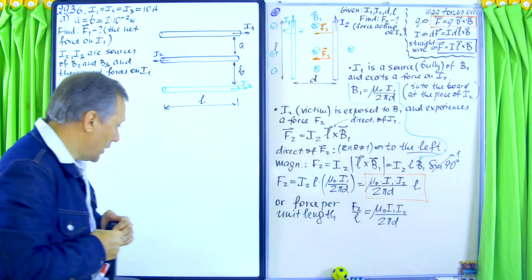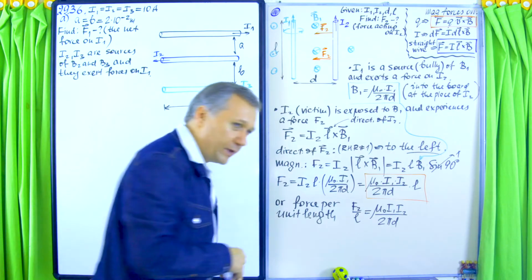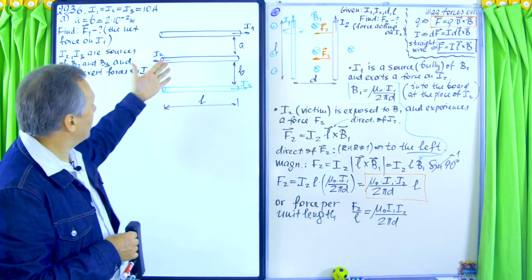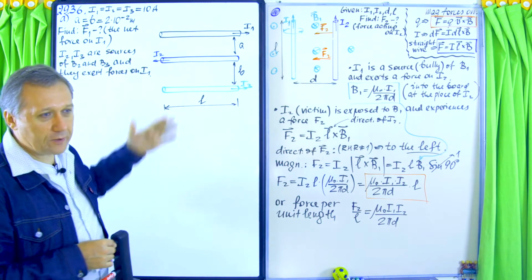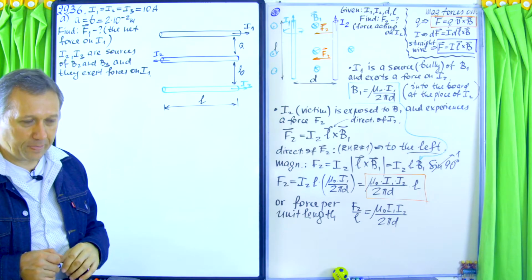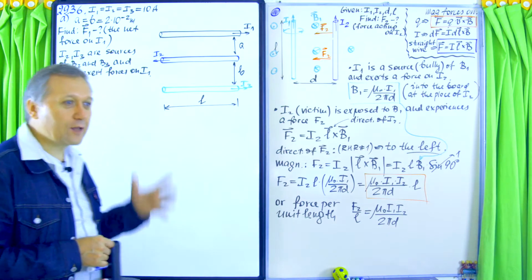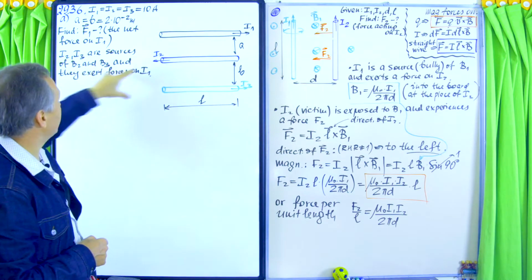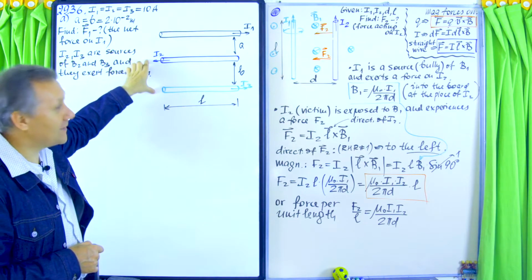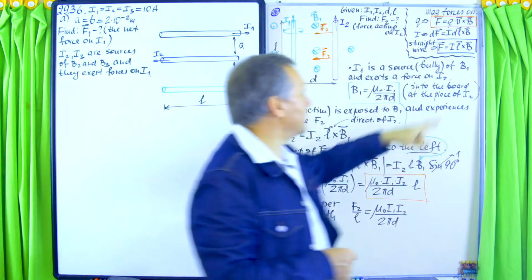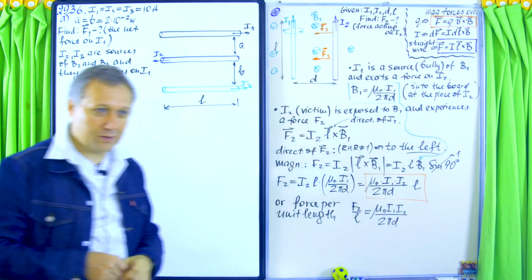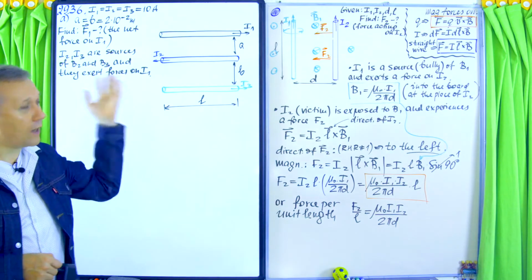But I'm going to find the net force in this way. I'm not going to calculate separately force from I2 and separately force from I3. I'm going to calculate the net field created by these two wires, and then use that net field to find the net magnetic force acting on I1.